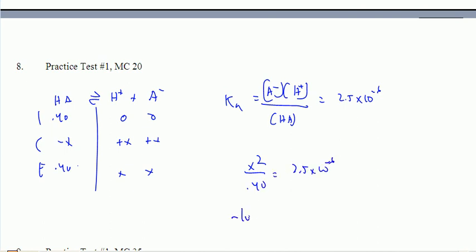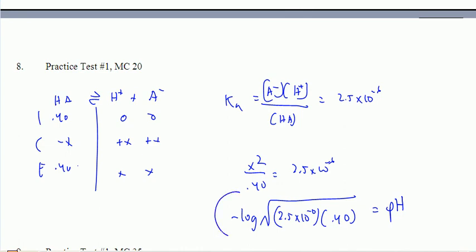So the negative log of the square root of 2.5 times 10 to the negative 6 multiplied by 0.40 equals the pH of the solution. Now this is a weak acid, so it's not going to be 8. I believe the answer is C, but it should be something less than 7. Not quite sure yet. Do out that calculation and you should get it, but this is exactly how you do it.